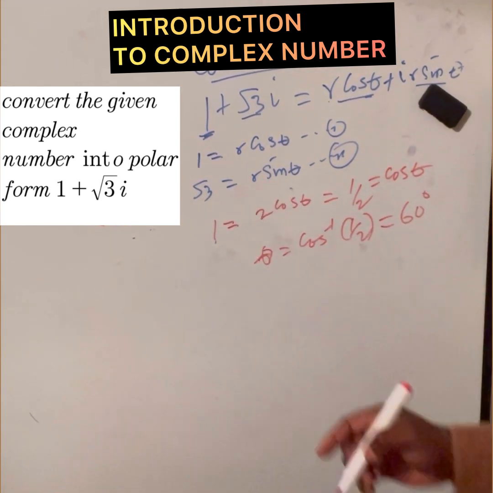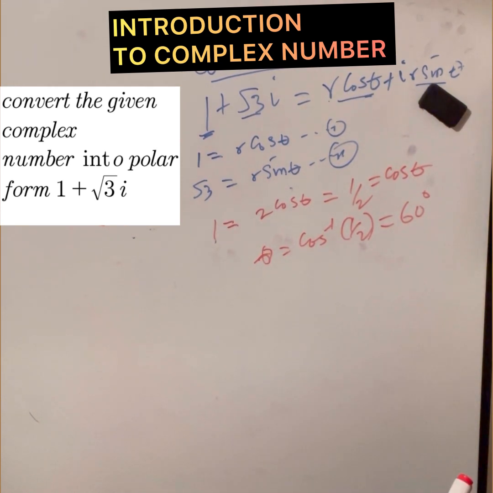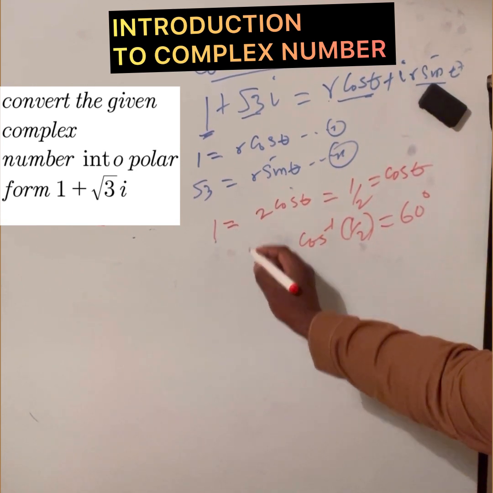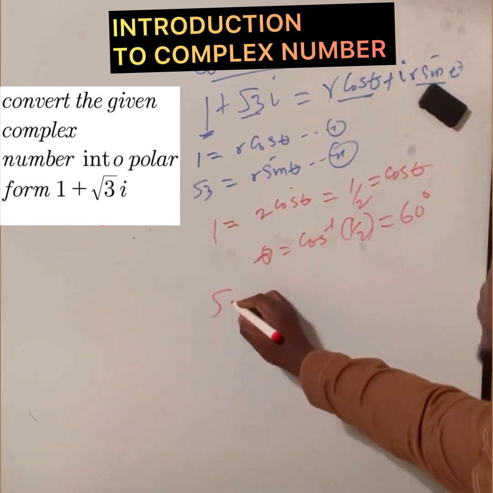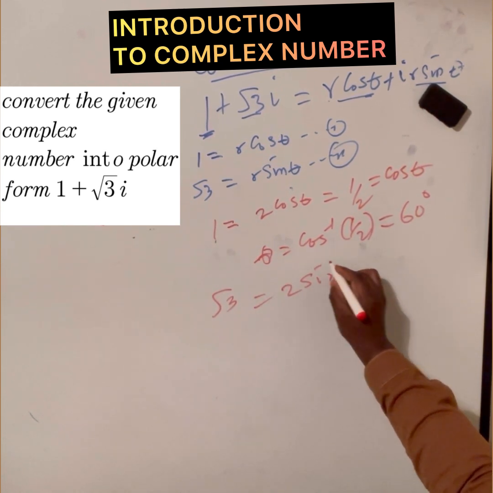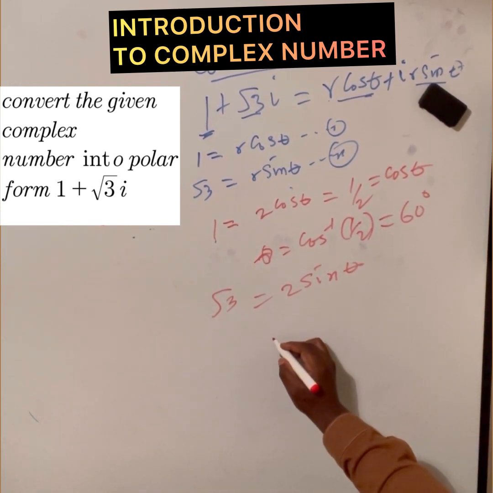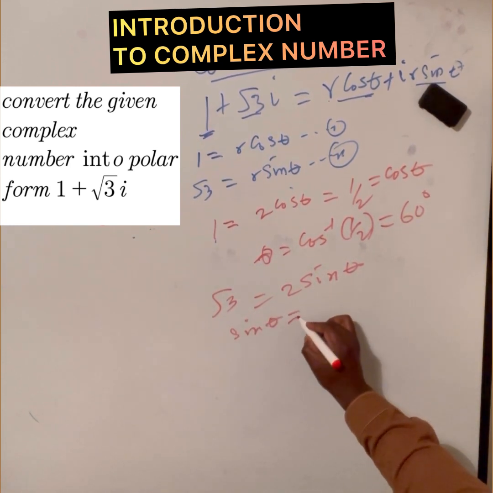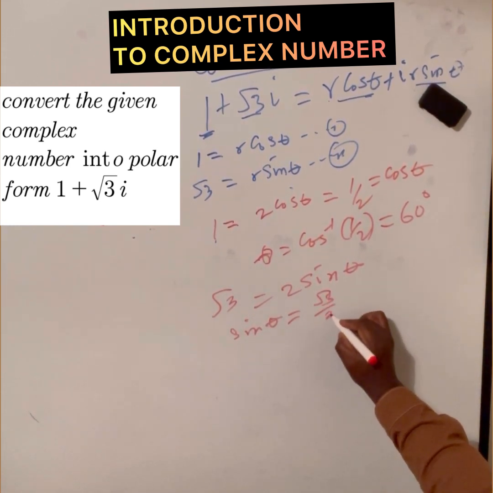I'll do the same here. Then replace: square root of 3 is equal to 2 sine theta. Then making sine theta the subject of the formula, I will have square root of 3 over 2.